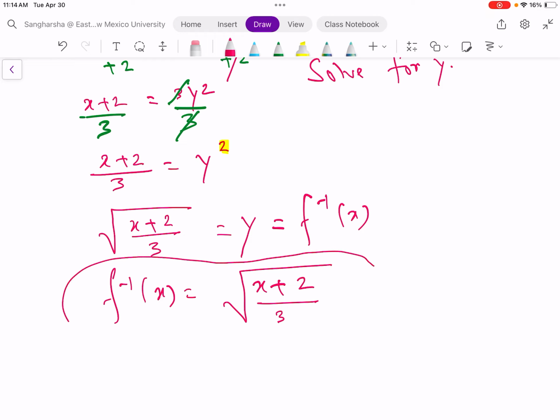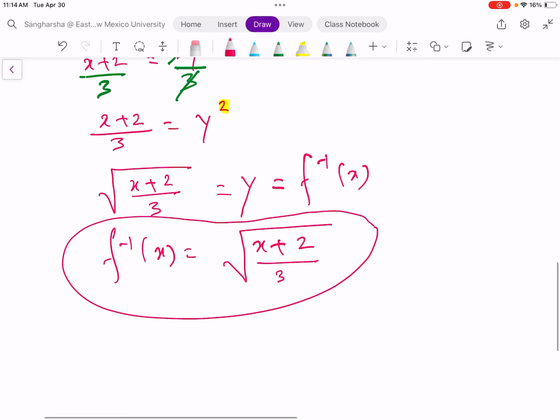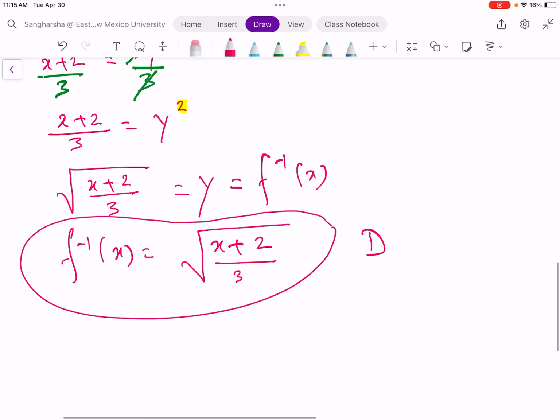Now we need to find the domain of this inverse function. What kind of function is this? Can you just name the type of function? Is it linear, quadratic, rational, or a square root function? Square root function. So this is a square root function. Now how do we find the domain for this function?